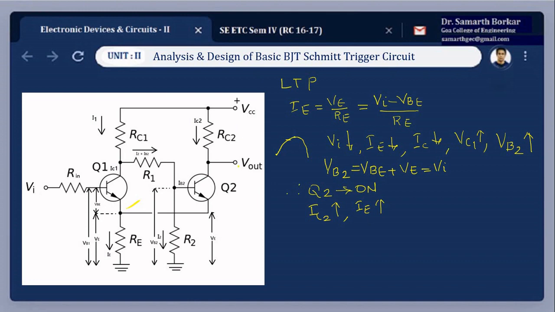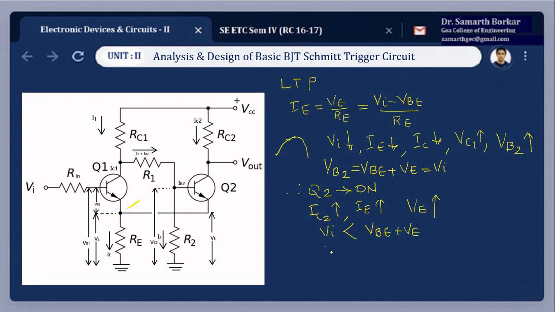So the collector current increases, naturally the emitter current will increase, and so will the voltage drop across resistor RE. So we can say VE increases. At a certain stage, Vi becomes less than VBE plus this change in VE.